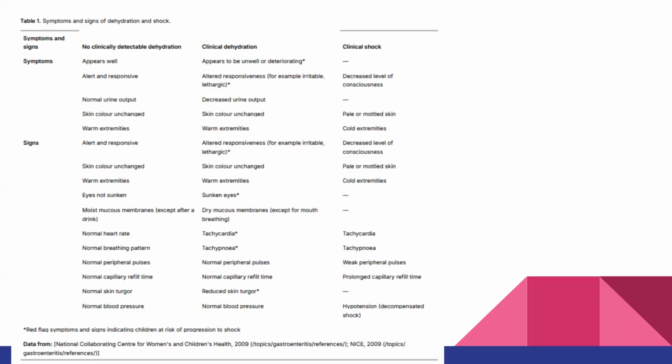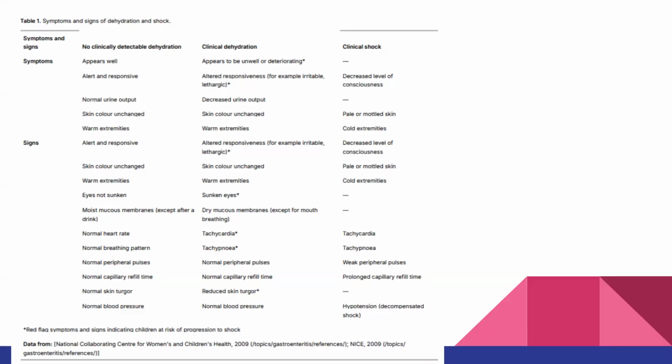Decreased urine output. If they're still warm, but they're obviously showing some signs that they're dry, they've got reduced skin turgor, their blood pressure is still being maintained, but they're just showing signs of dehydration, they're a bit dry. And in this, there are some red flags.